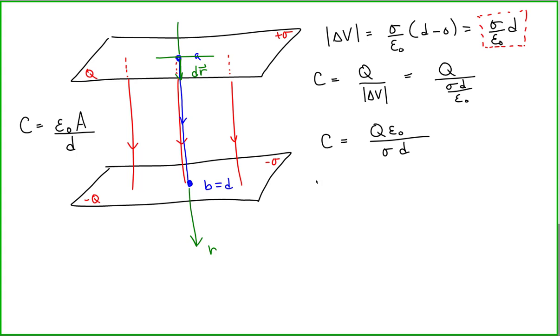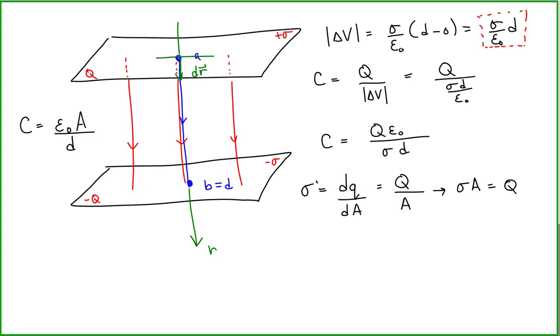The surface charge density on either plate is uniform. Remember, surface charge density is defined as charge per unit area. Now, if the density is uniform, that could be given as the total charge over the total area. So rearranging this says surface charge density times the area is equal to the charge on a plate.